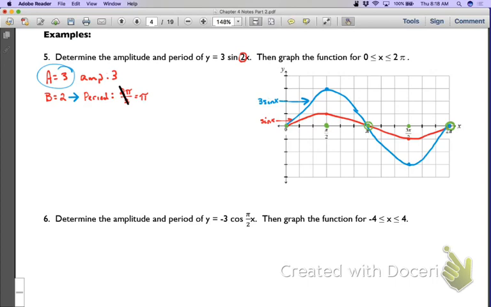So then where's it going to spike? Where's the amplitude of 3 going to take over? Normally it was at pi over 2. Originally it was right here. Now where's it going to be? Pi over 4. So basically halfway, pi over 4, and then do the same thing at 3 pi over 4.